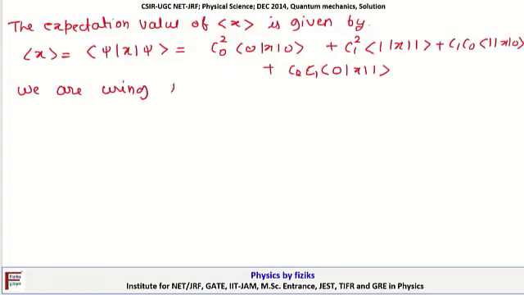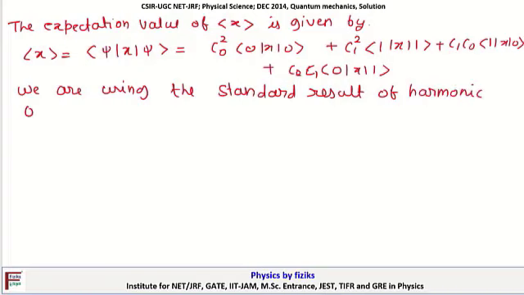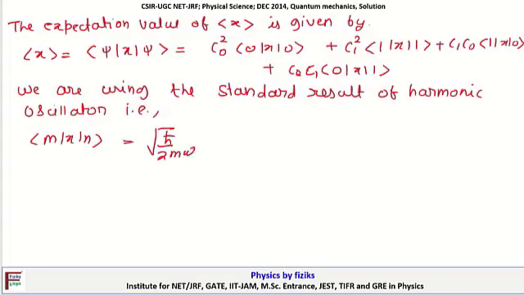Now, we are using the standard result of the harmonic oscillator, that is <m|x|n> will be equal to root of h cross by twice m omega times [root n plus 1 delta m, n plus 1 plus root n delta m, n minus 1].